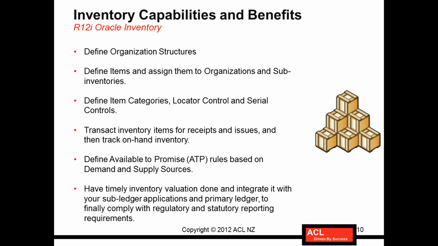As I have been explaining, inventory is a module that integrates with all your subledger applications and transactional applications, which includes applications from manufacturing, procurement, and order management, and your subledger applications like accounts payable or receivable, fixed assets, or potentially the projects module. All that helps you integrate everything and evaluate your inventory at any point in time.